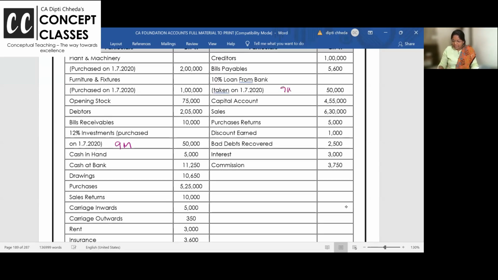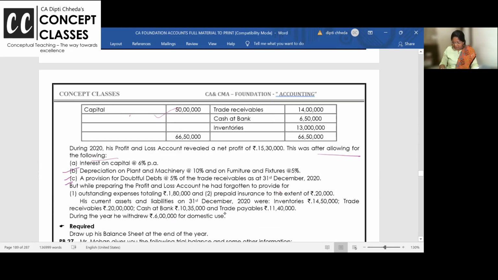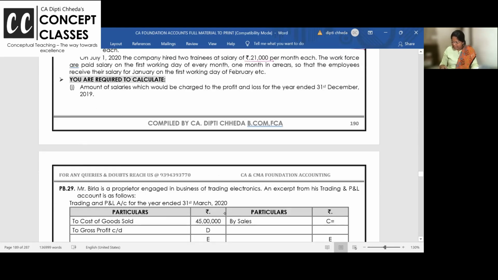Here also only 9 months. So it is a good problem with outstanding and prepaid. I am honestly saying, don't get scared. So many problems like these don't come in the exam. Yes, this level comes. What I did, 26 now, no? This comes. But just try it once. Try and see whether one problem comes or not.